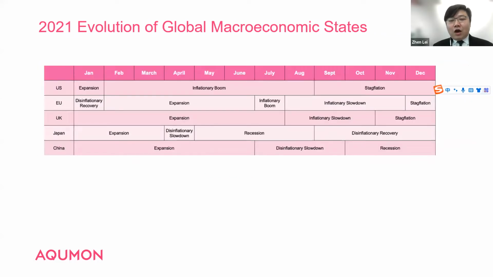Now we can see the evolution of global macroeconomic states in 2021, and we show you the most important 5 economies here. For the United States, the economic growth was quite good in the first half of the year. In January it experienced expansion with no inflation and high growth.